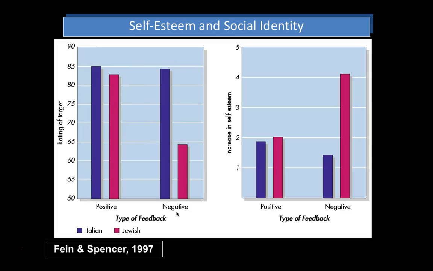The target person was conveyed, not explicitly but pretty obviously, with the same picture of a relatively attractive woman attached, but the name was either an Italian name or a Jewish name.